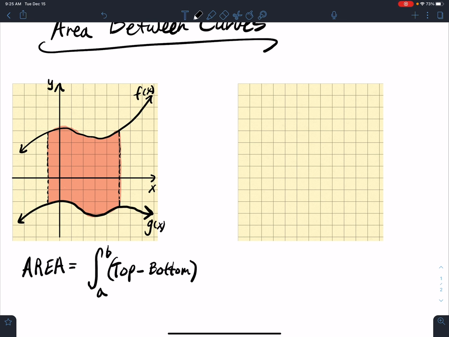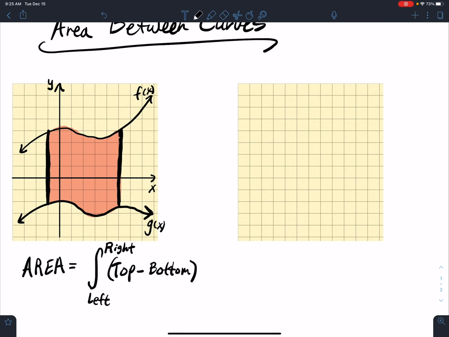Okay? And where is our a to b? Well, the a is the most far left endpoint. Okay, so over here. And the b is the most far right endpoint. Okay, that's over here. All right.